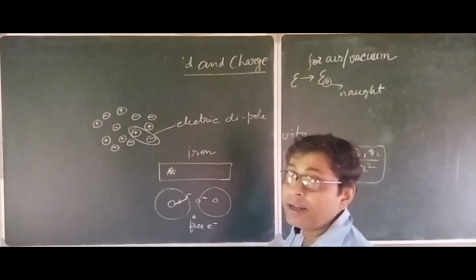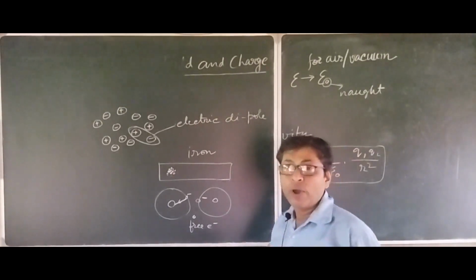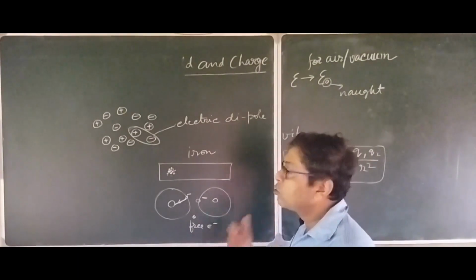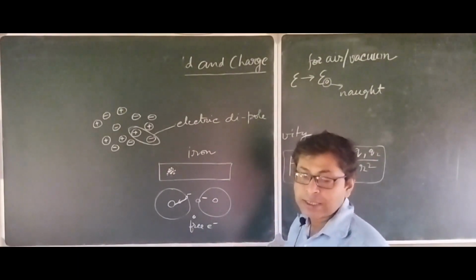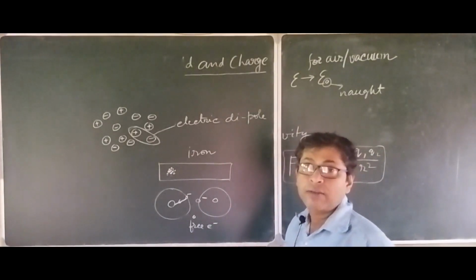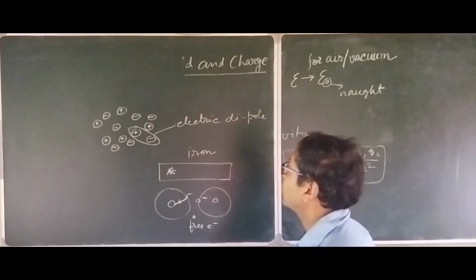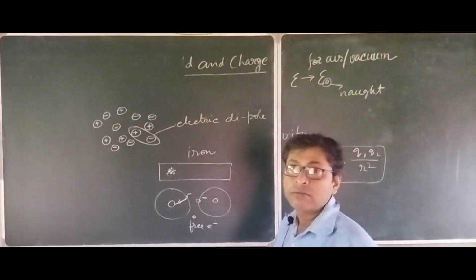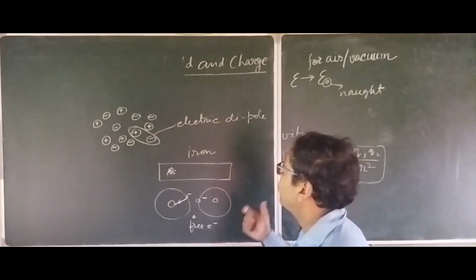So we can define the electric dipole as when two equal and opposite charges stay at a very close, very negligible distance, then together they are called an electric dipole.